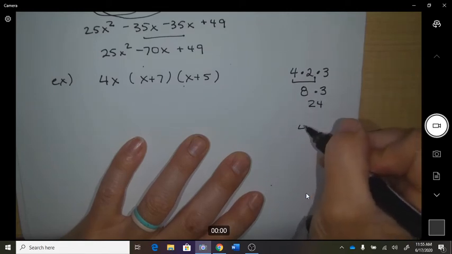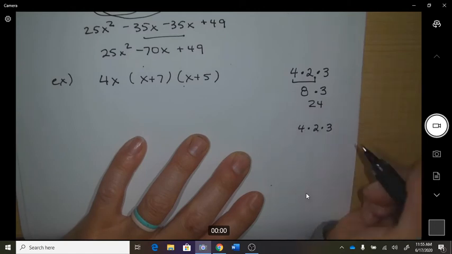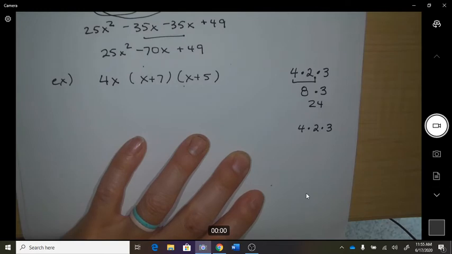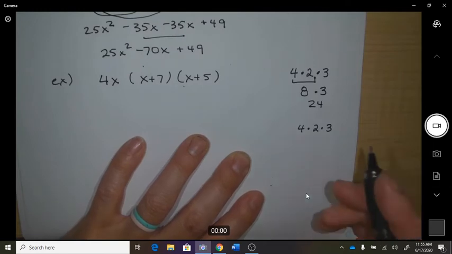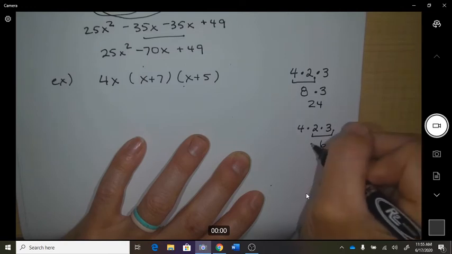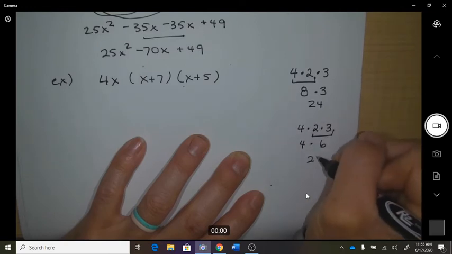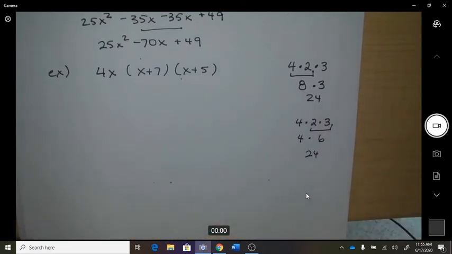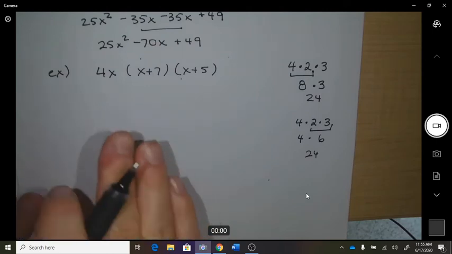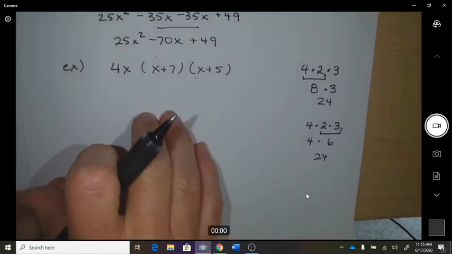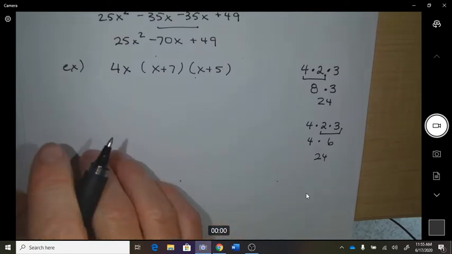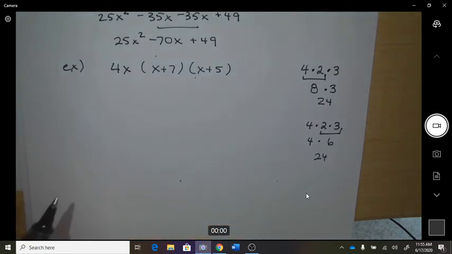Because multiplication doesn't care about order, whether you multiply this times this first or that times that, you can go in any order. I could have gone that times that, and then times it by that, and I still get the same answer. So I'm going to do the same thing here. I'm going to multiply 2 of them together first, and then times the third thing.